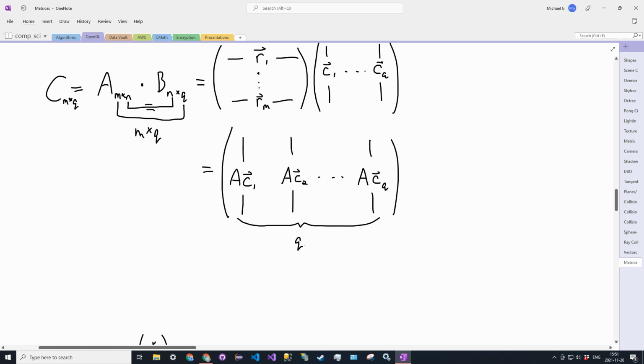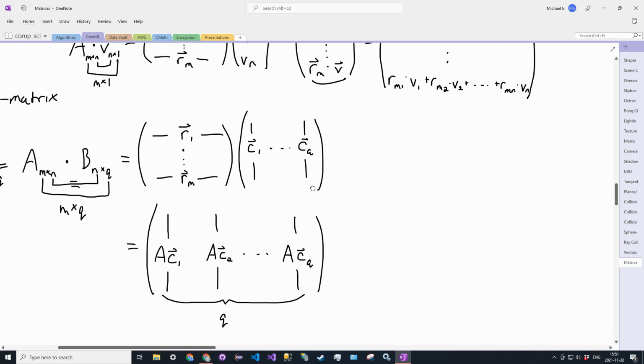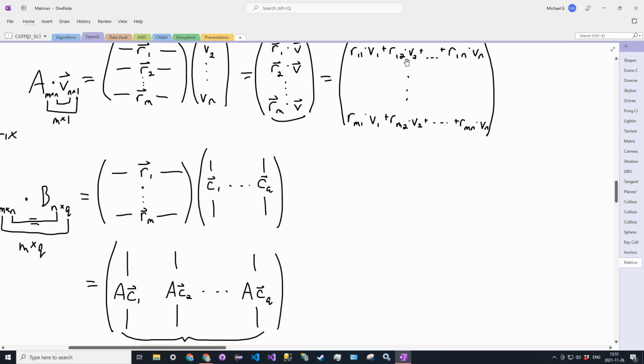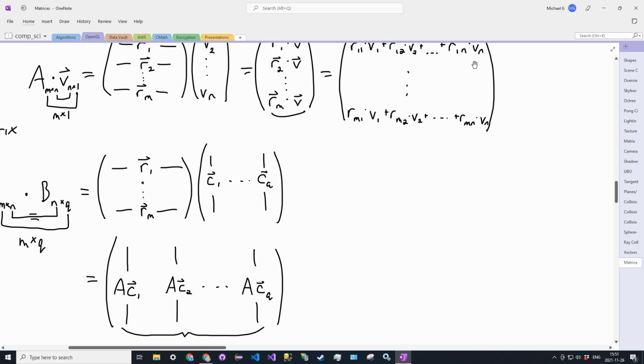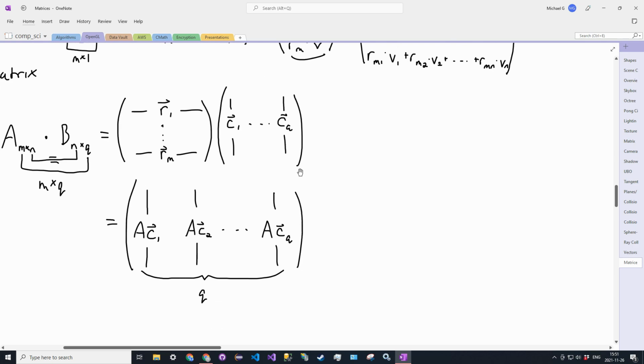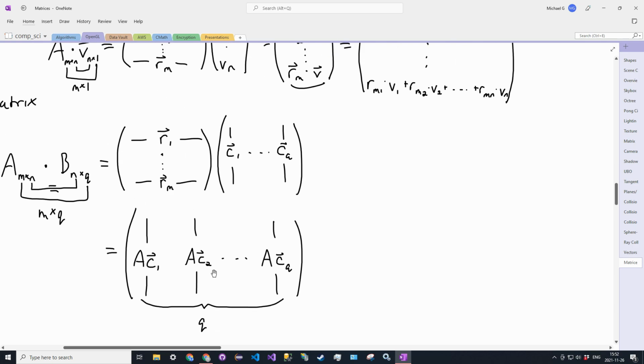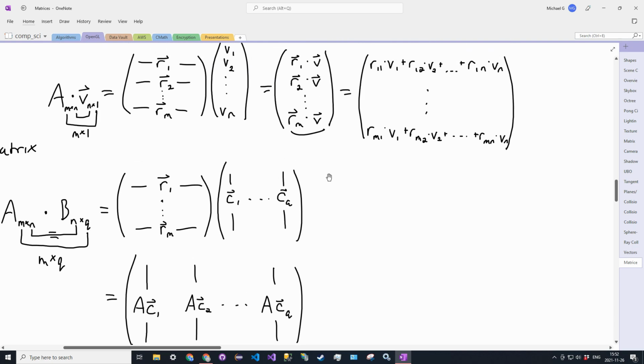And I could do all the dot products out, but it's going to be the same as what we have up here. So if we consider each column as V1 all the way to Vn, you'll see that if you just input those numbers into each column, that's what you will get. So we have q columns because there are q matrix vector multiplications, but for the number of rows, it's going to be the same as with the matrix vector multiplication.